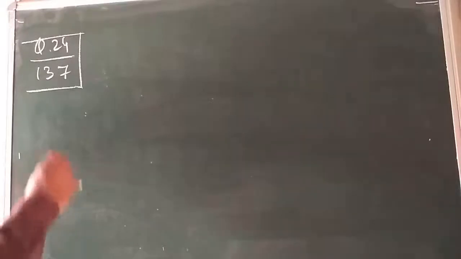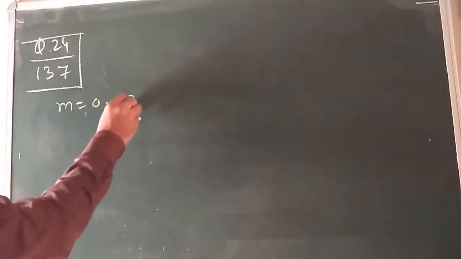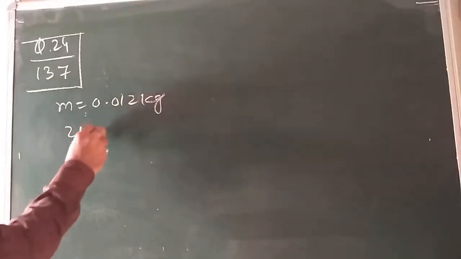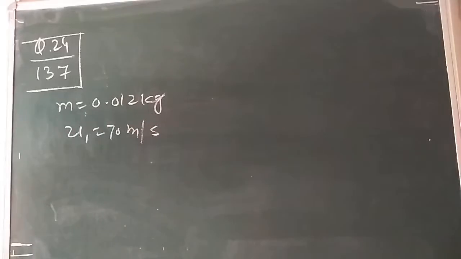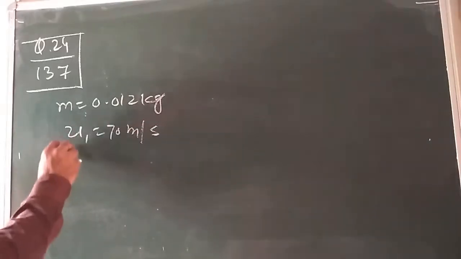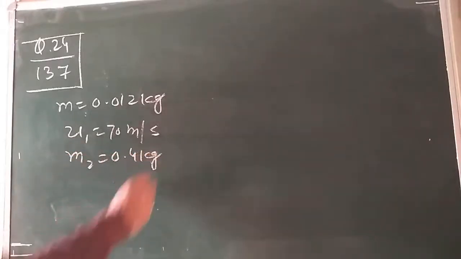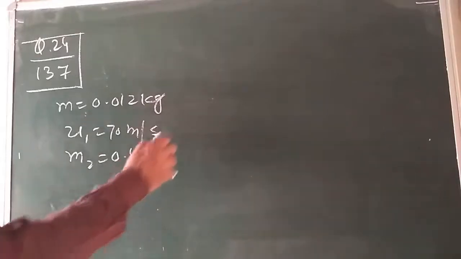A bullet of mass 0.012 kg and horizontal speed u1 is equal to 70 meter per second strikes a block of wood of mass m2 is equal to 0.4 kg and instantly comes to rest with respect to the block.